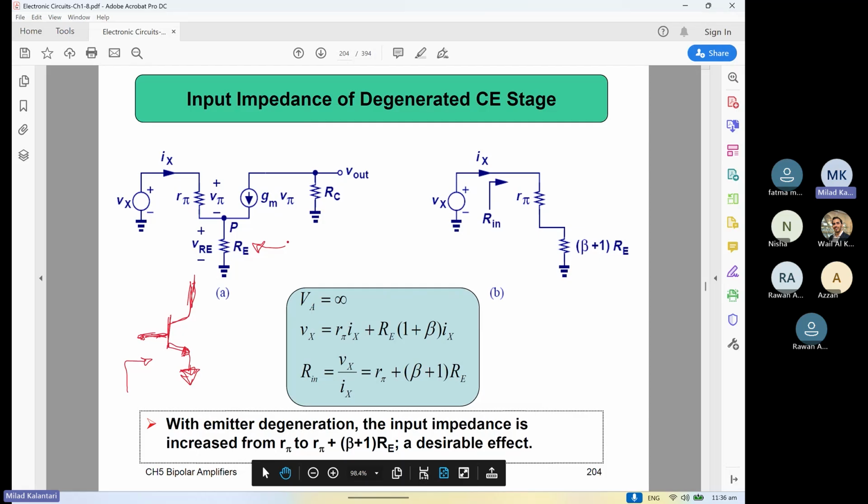We don't want to draw the small signal, we just try to get it. There is no resistor, so with the small signal model, only R pi, right? I mean, you don't need to plot everything every time. But now what we are trying to find is the impedance when we have this RE.